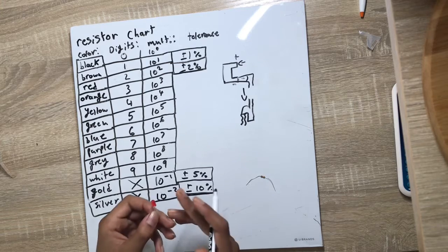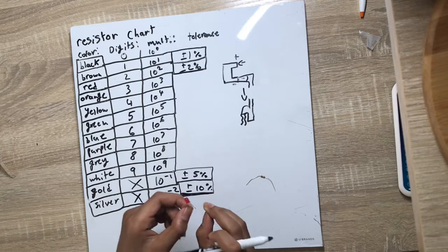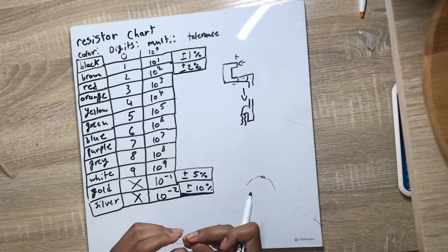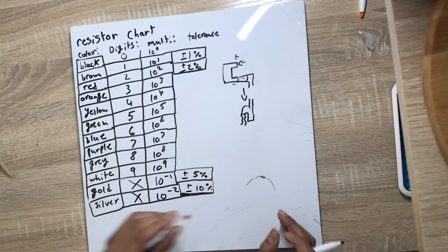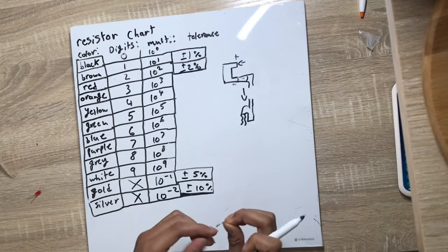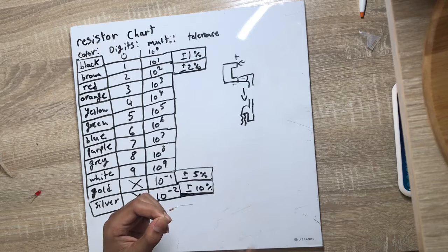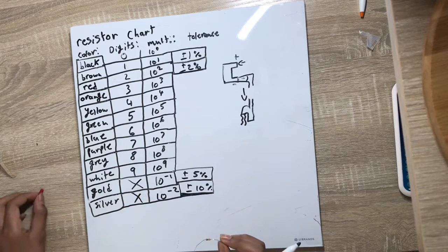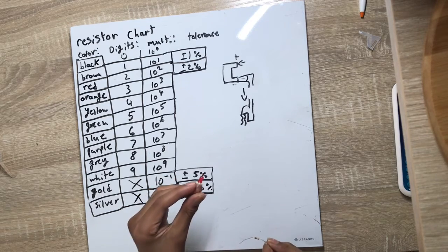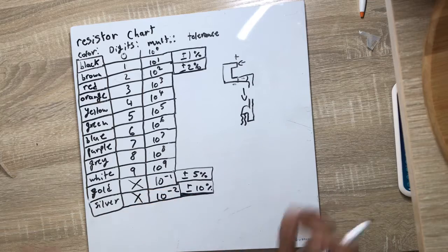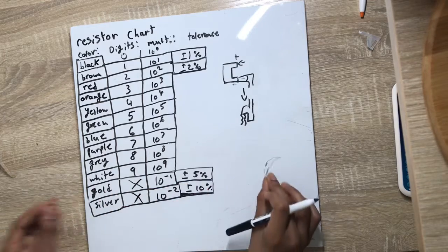If the electricity is too much, the LED will burn out because it can't handle that much electricity. So the resistor here will stop the flow of current and release enough energy so that the LED will light, but it won't explode because there's too much electricity.